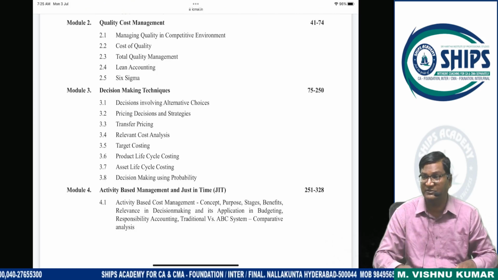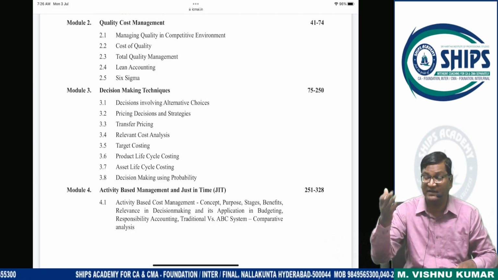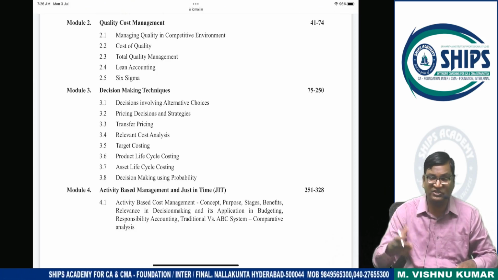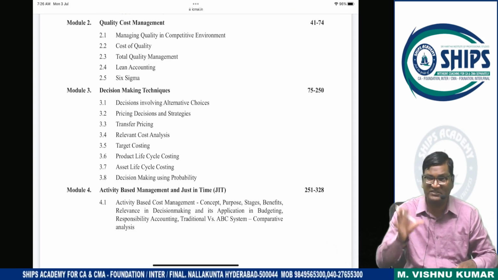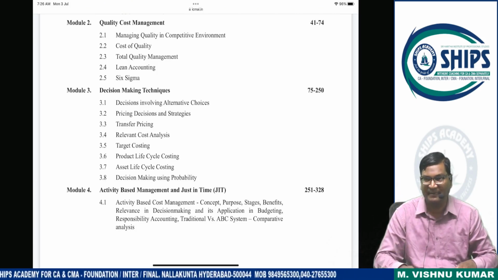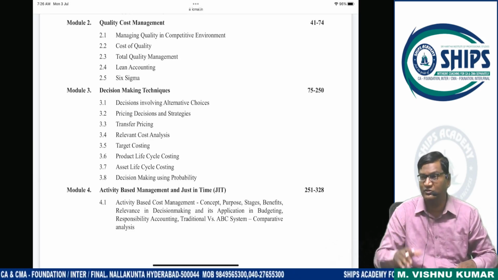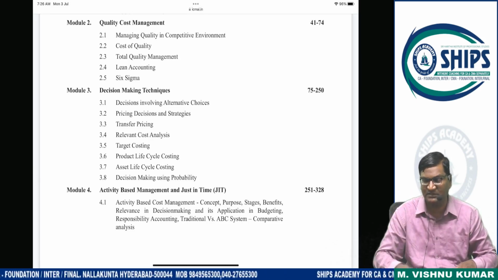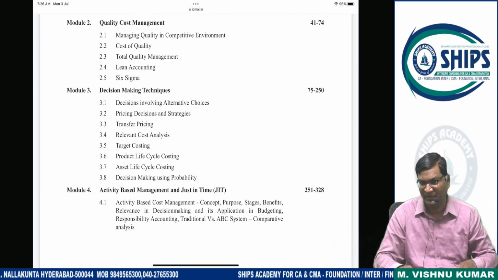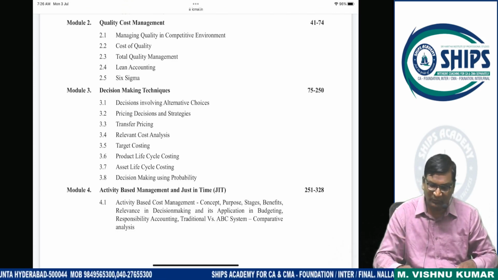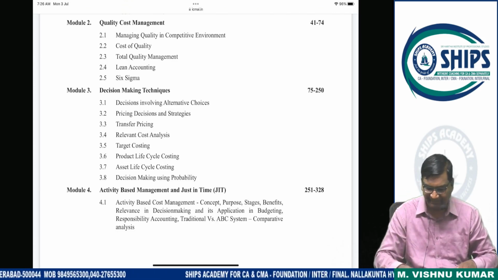Now the external pricing system means for external customers, how cost will be charged, what price is to be decided. That is called the external pricing system. This depends on different circumstances. Like Jio: in the beginning, Jio gave data free of cost. All you needed to do was purchase a SIM.